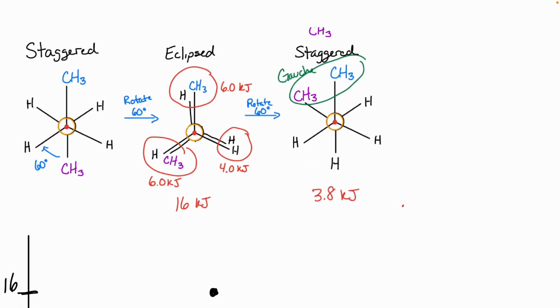I didn't do a great job leaving myself any room. So everybody take a second and see if you can draw me what the structure would look like if we again rotated that back carbon another 60 degrees. All right, what is this thing going to look like now? Take a second and see if you can tell me what this structure would be if we rotated another 60 degrees, another sixth of a turn.